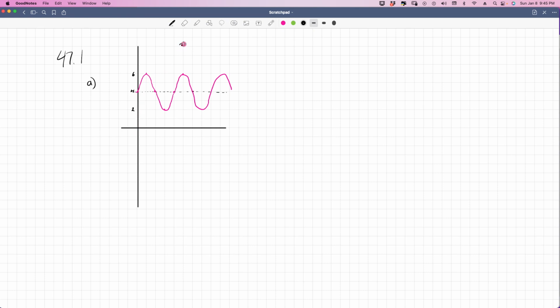So our y-intercept, y is equal to the y-intercept of 4, which is the midline. And then it goes up with an amplitude of 2. So plus 2. And because it crosses the y-axis at the midline, it is a sine of theta because this is labeled theta right there.